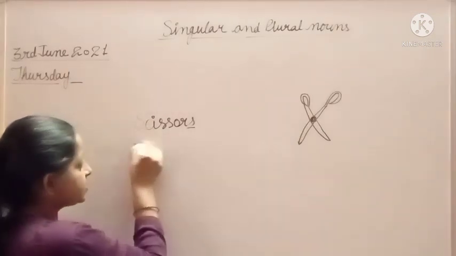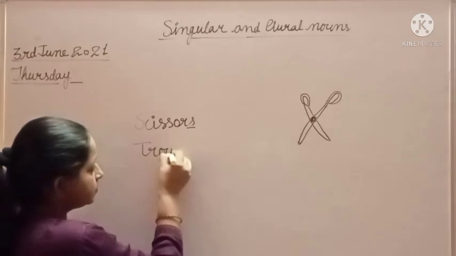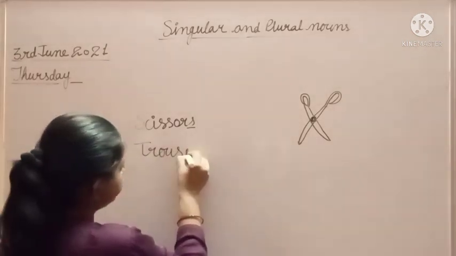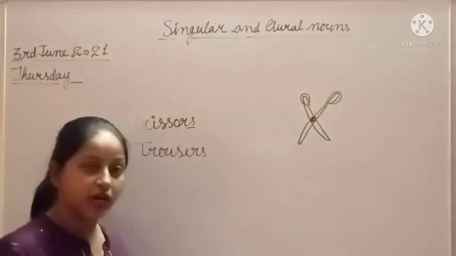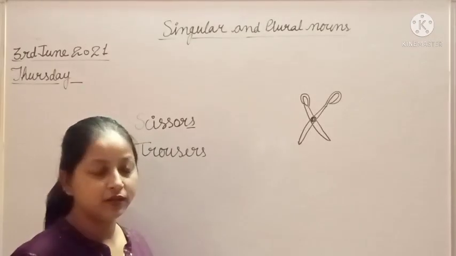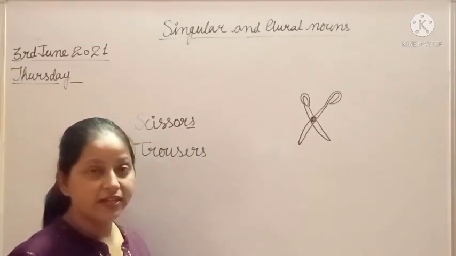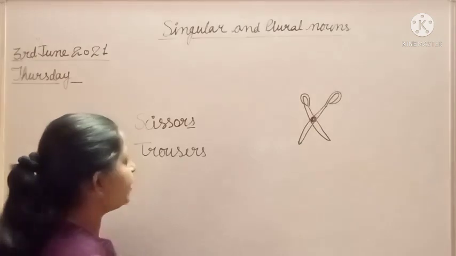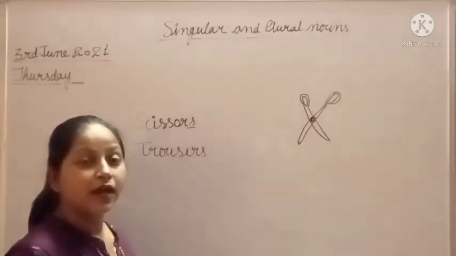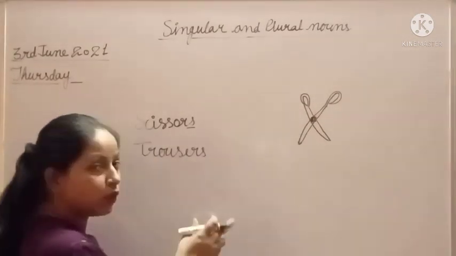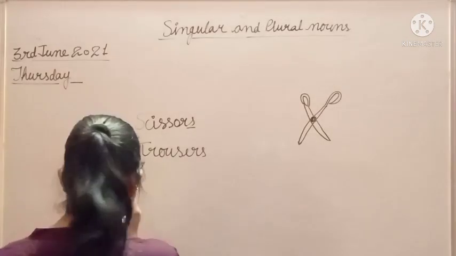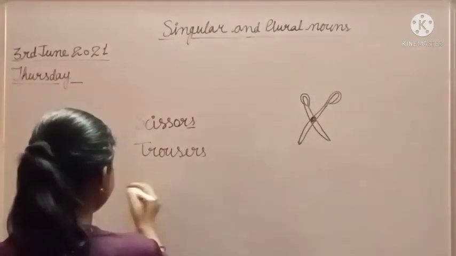Like trousers. Trousers are always in pair, है ना? You have two legs and a pair. That's why we do not have any plural of trousers. And furniture.